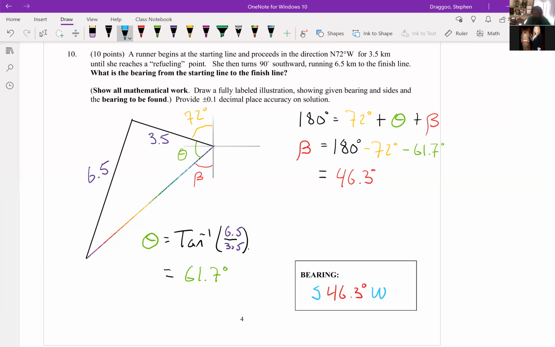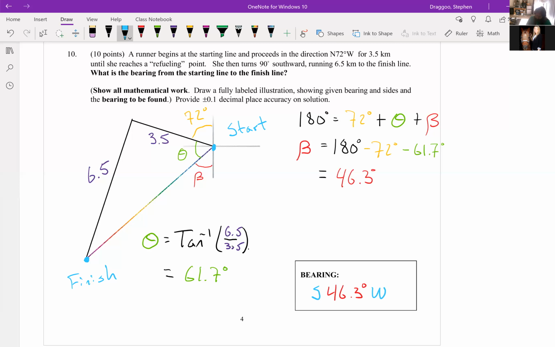But maybe a better explanation of how to decide, if I'm sitting at my starting point, which is right here, this is my start, and I need to figure out how to get to my finish, which is over there. Just look at the direction I have to go to get from start to finish.